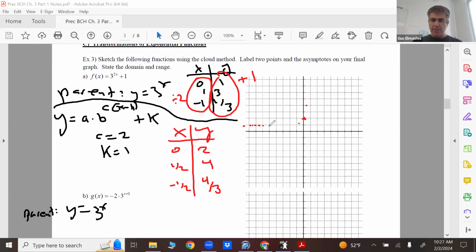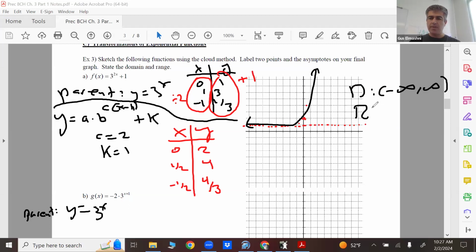And there's a vertical asymptote right here. Yeah, and you have a horizontal asymptote y equals 1, right? Domain is all real. Range is 0 to, nope, 1 to infinity.